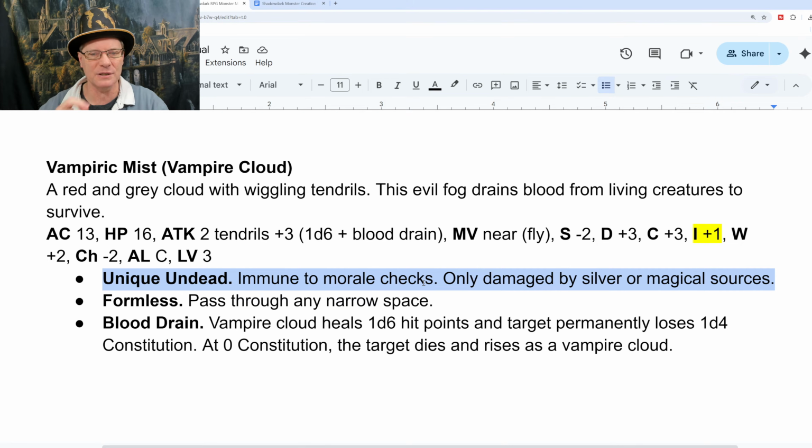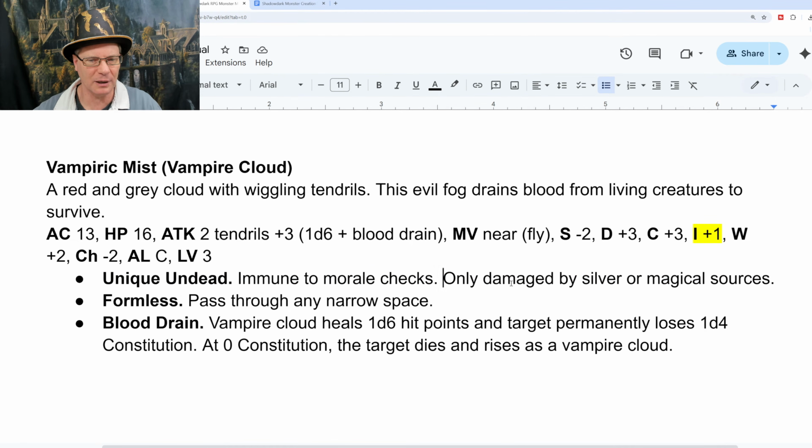And I think the reason why I did this is there is sort of precedence in the history of the vampire that silver was something that they did not like having any contact with. And it kind of got lost in Shadowdark, probably to try to make the vampire tougher and more dangerous than the vampire spawn. But I decided that actually it probably should still be there. So I left silver or magical sources. Okay, so that's that feature.